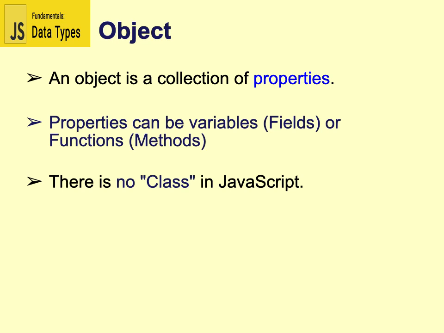Objects. An object is a collection of properties. Properties can be variables or functions, otherwise fields or methods. There is no class in JavaScript. JavaScript is an object-based scripting language.